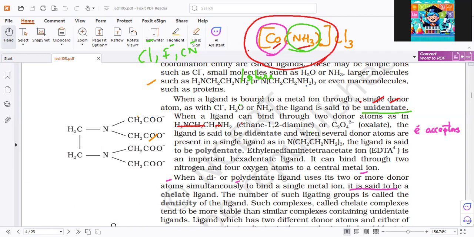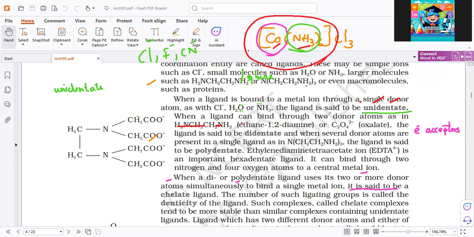Similarly, ammonia is bound via the lone pair on nitrogen. Such ligands are known as unidentate ligands. Examples are chloride, fluoride ion, cyanide ion, water molecule, ammonia molecules, etc.